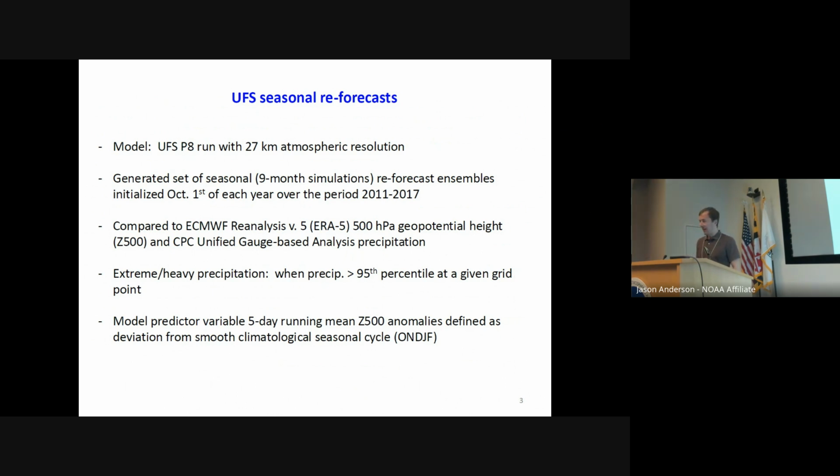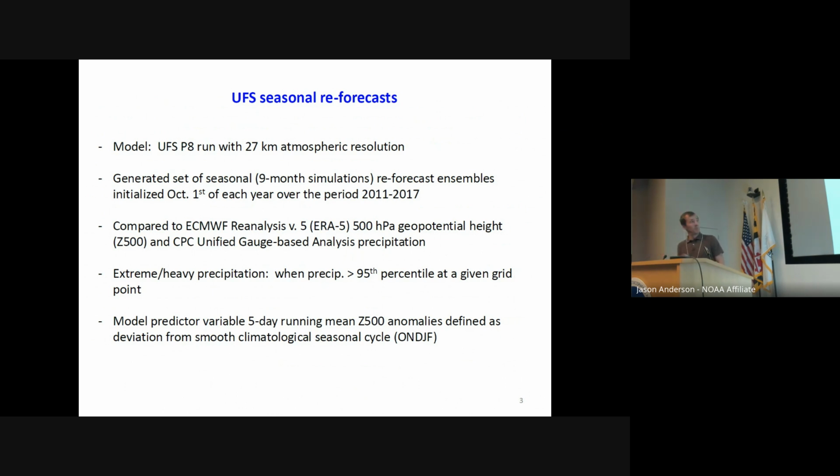We define heavy precip as the occurrence when it exceeds the 95th percentile at each grid point. We did some filtering, a 5-day running mean with Z500, to pick up a little more low frequency, and then subtracted a smooth seasonal cycle.